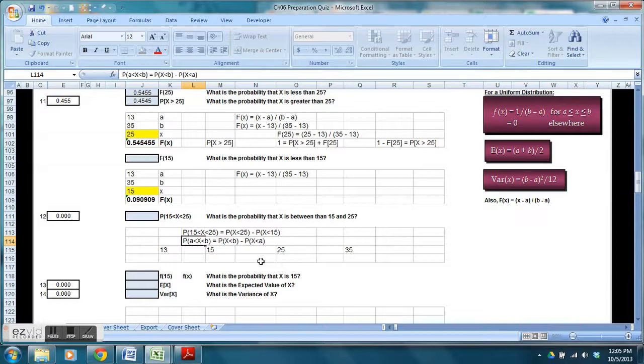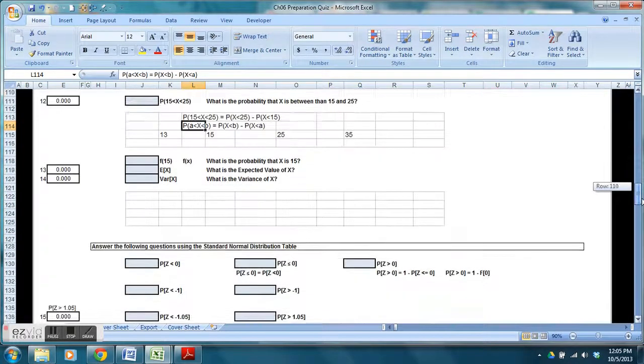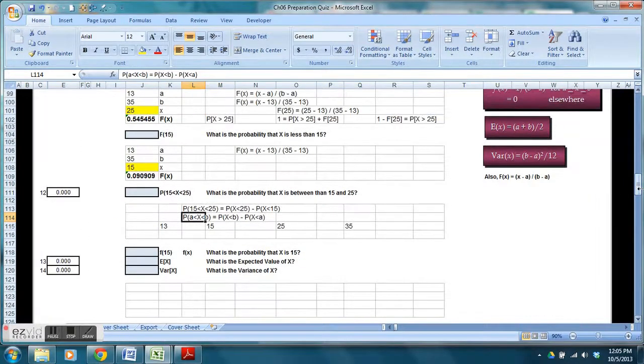And so if it's continuous, and I'll also demonstrate this in the standard normal, this is synonymous with greater than or equal to. That's the same thing.